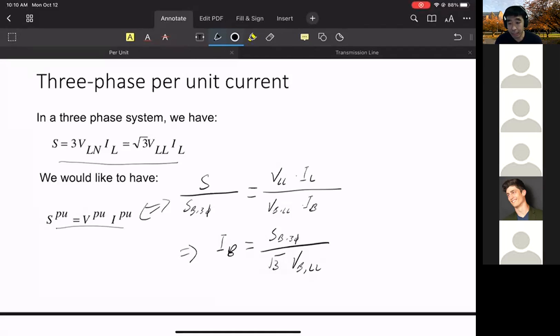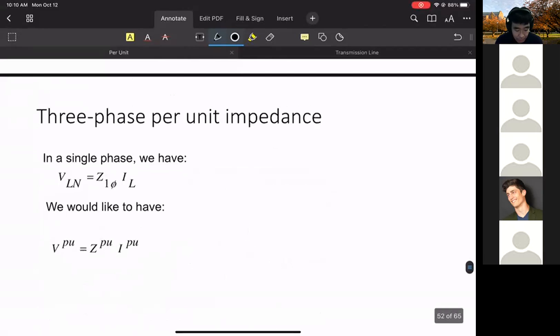Then we can do the same calculation for the impedance. For the single phase, the line-to-neutral voltage equals the single-phase impedance times the line current, and we still want Ohm's law to hold.